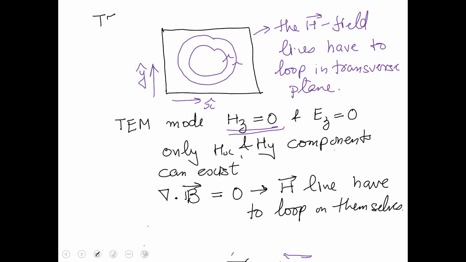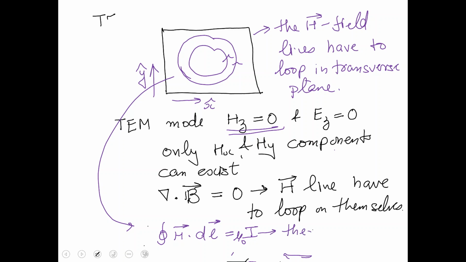Now comes the other problem. If I have a loop line, H dot dl, this is your Ampere's law, has to be given as the current I, or mu naught I. So you get into the problem that because these lines are converging on themselves, this equation tells you there must be an enclosed current.